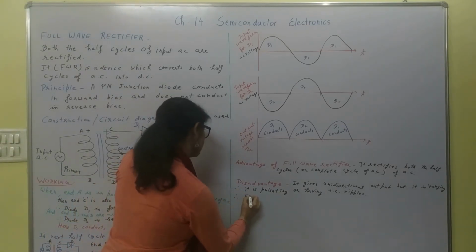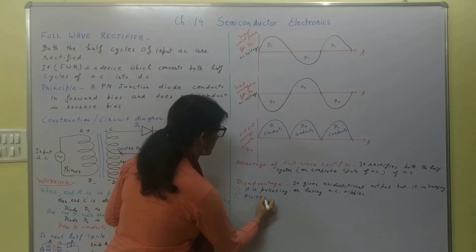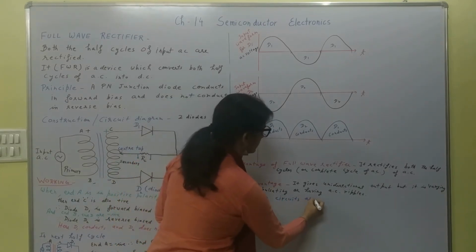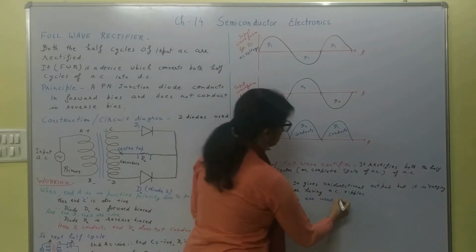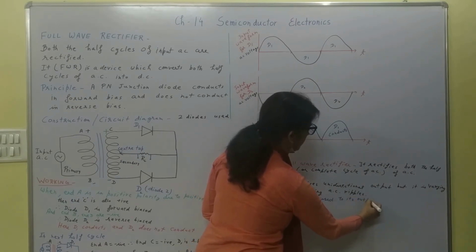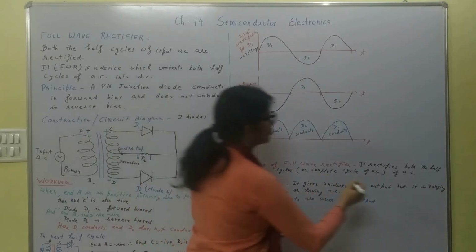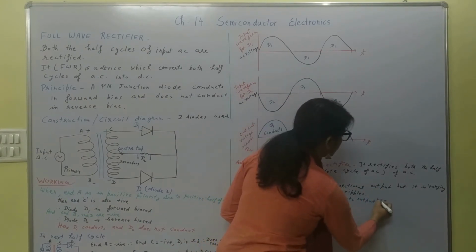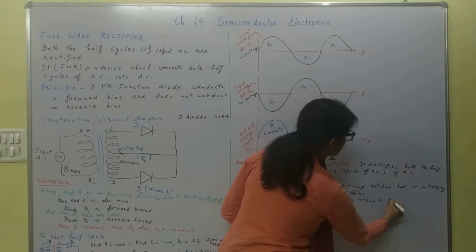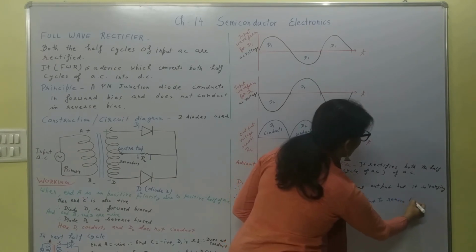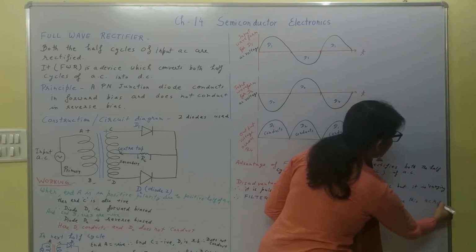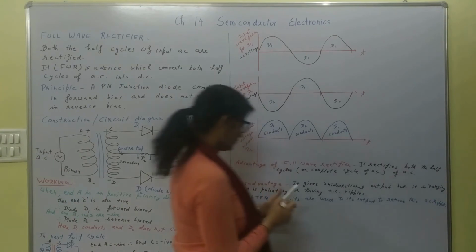Therefore, filter circuits are used at its output to remove these AC ripples, right?